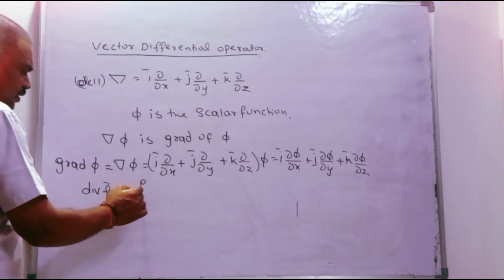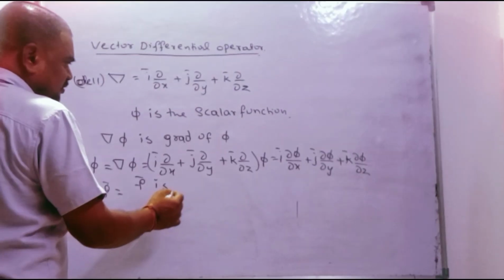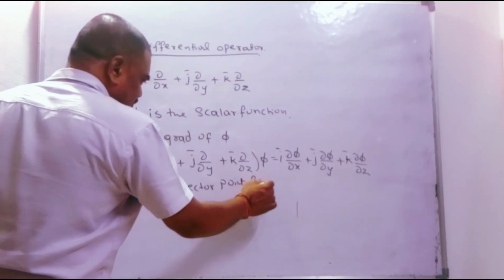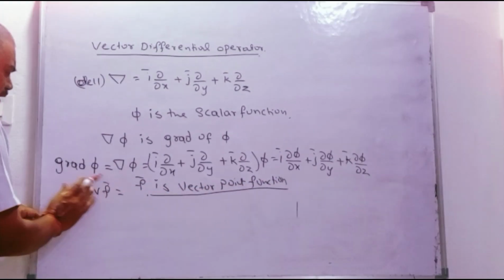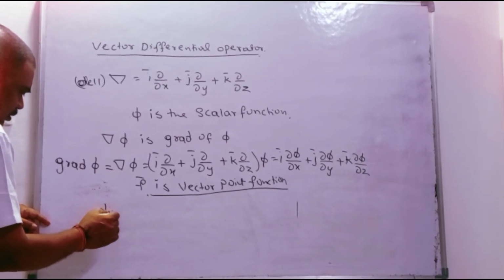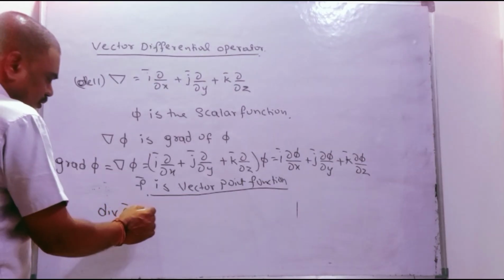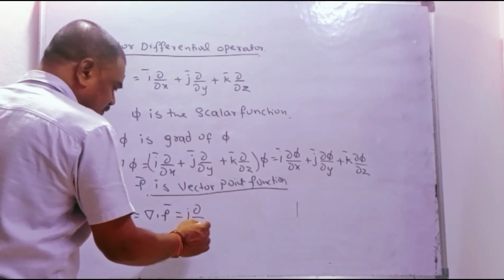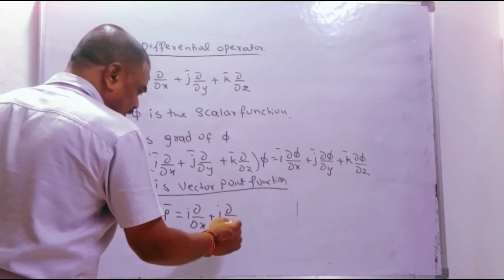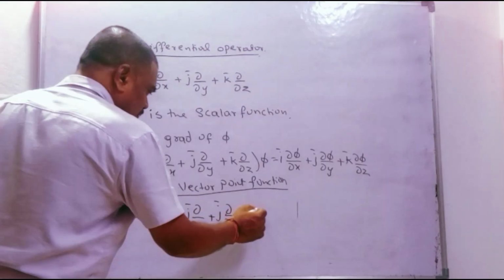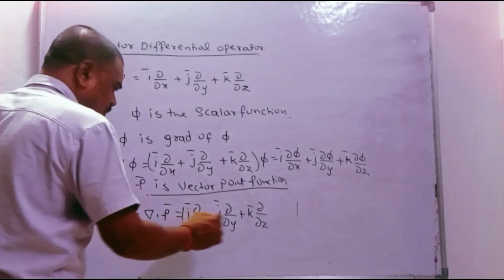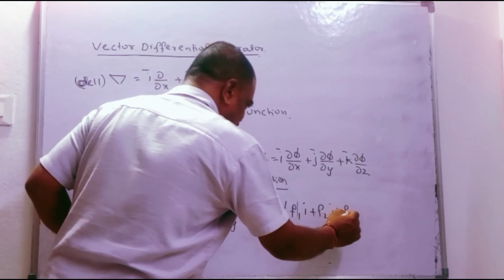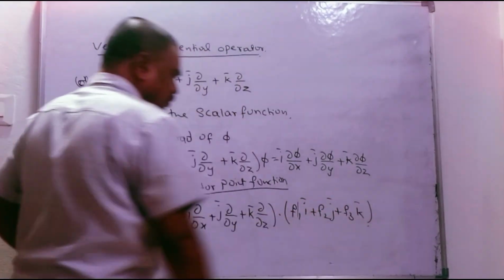If F bar is a vector point function, then div F bar equal to del dot F bar: i bar dou by dou x plus j bar dou by dou y plus k bar dou by dou z, dot product F bar, f1 i plus f2 j plus f3 k bar.